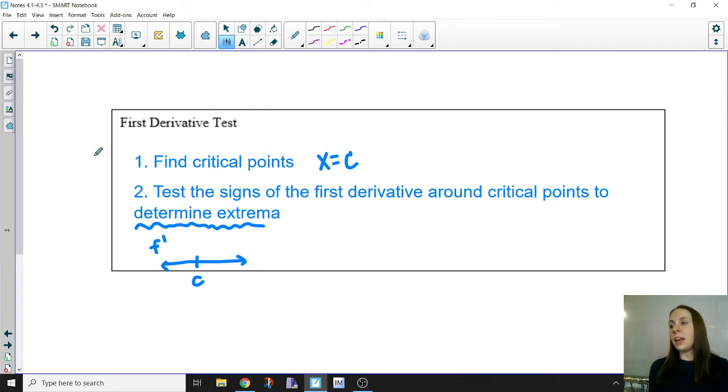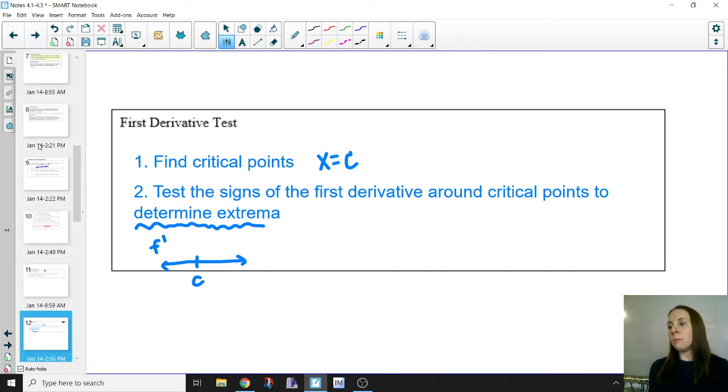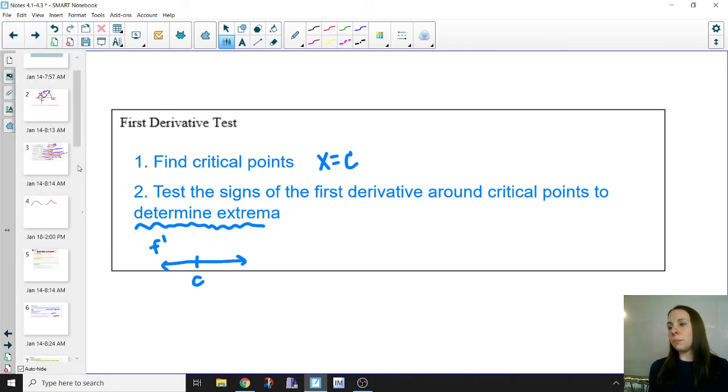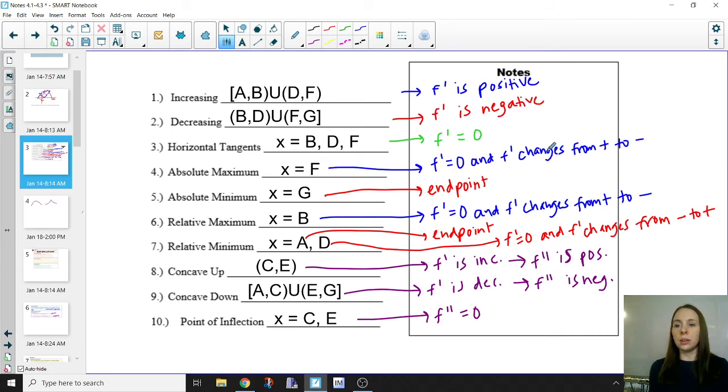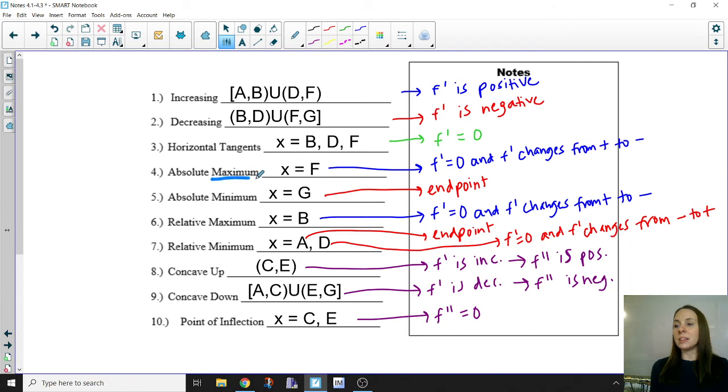Actually, if we go all the way back to the warm-up, we can know what's going to happen for our different types of extrema. If the first derivative changes from positive to negative, that means we have a maximum. Remember that?